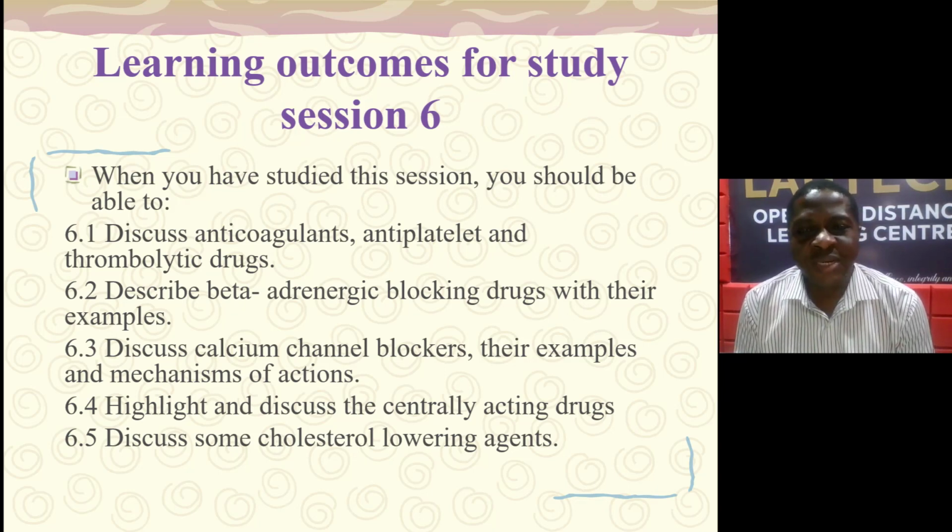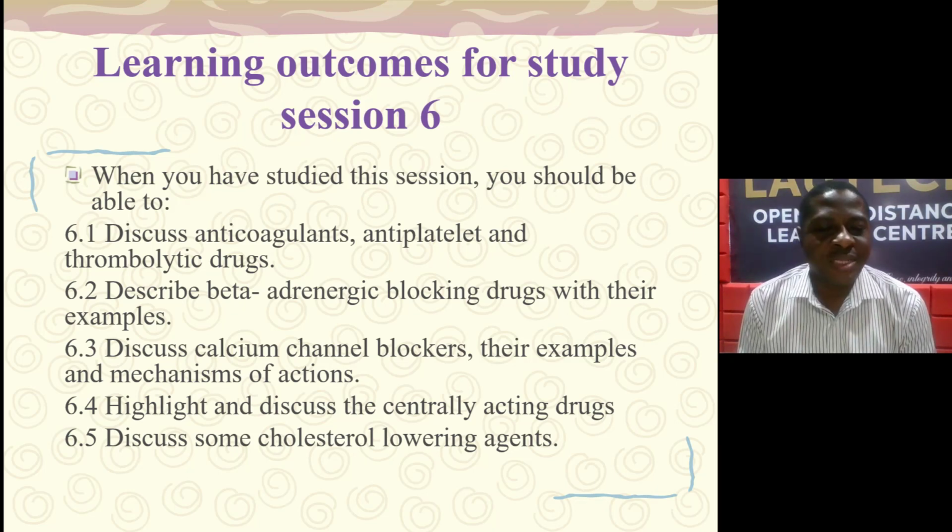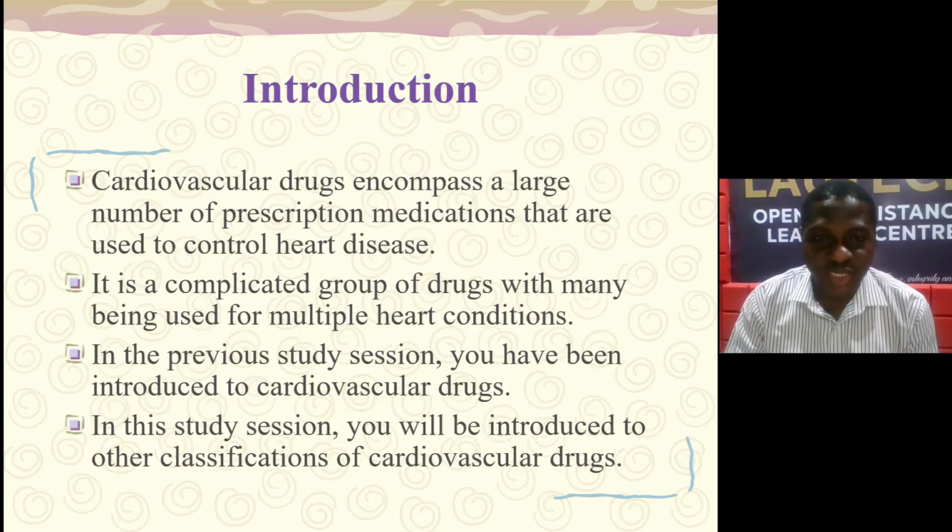Two, describe beta adrenergic blocking drugs with their examples. Three, discuss calcium channel blockers, their examples and mechanisms of action. Four, highlight and discuss the centrally acting drugs. And lastly, we'll be looking at some of the cholesterol lowering agents.